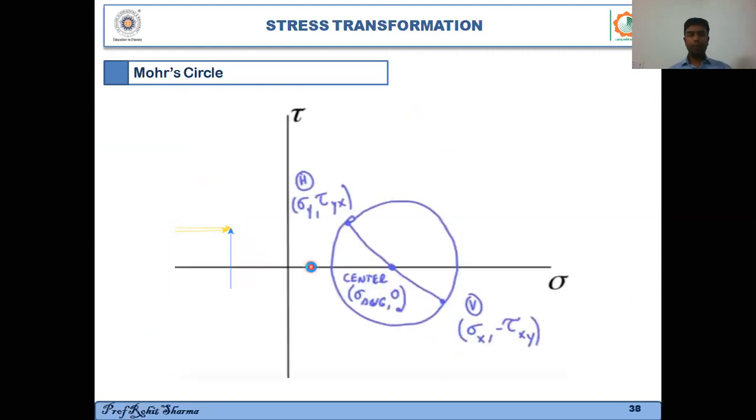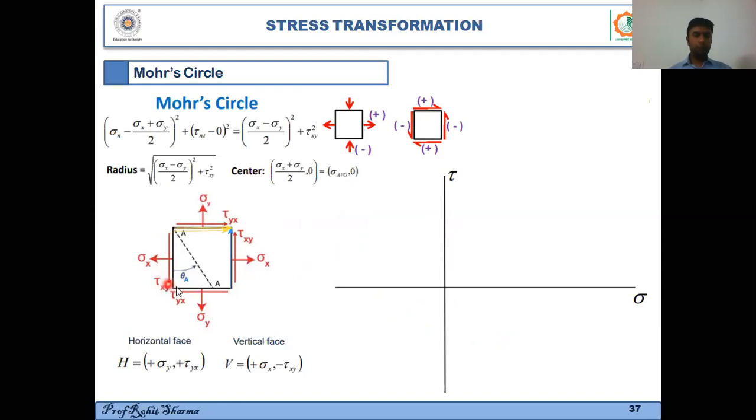So what we'll try to do is plot one circle, and I'll prove that that circle represents the Mohr circle, right? I have got the coordinates of these two faces, for a horizontal face and for a vertical face, right? And for the time being, I'm considering that the value of sigma x is greater than sigma y, right?